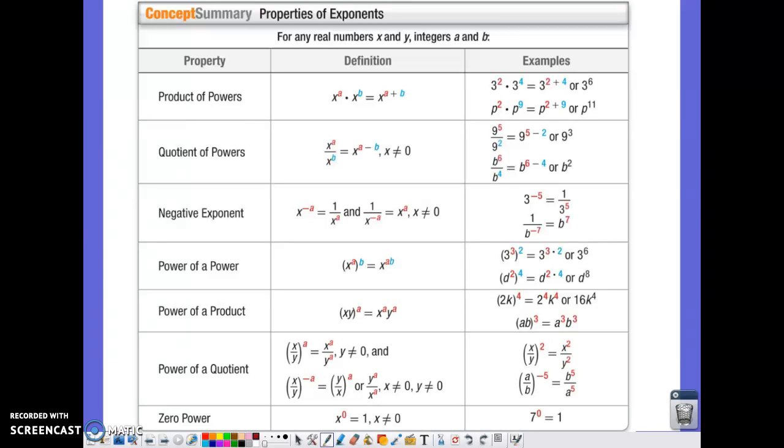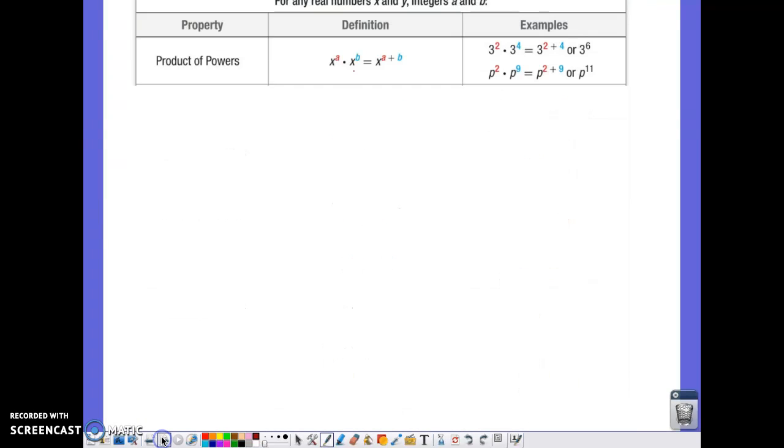Quick review on the properties of exponents, for any real numbers x and y, and integers a and b. So let's refresh on the product of powers rule: x to the power a times x to the power b.